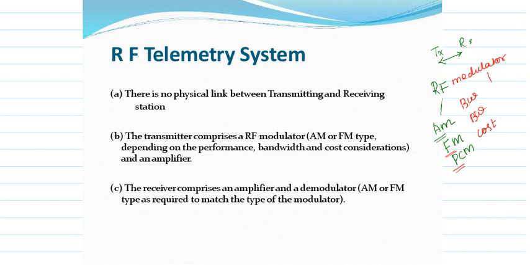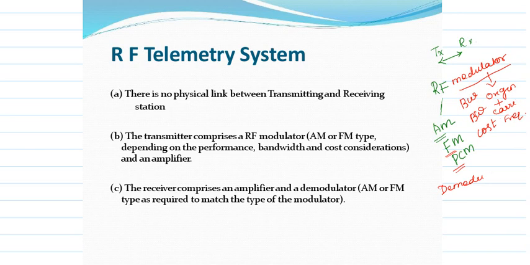So modulator means what? It is a combination of your input signal, that is your original signal, plus your carrier frequency. That is what we call the modulator concept. Then for the receiver section, you have a demodulator.